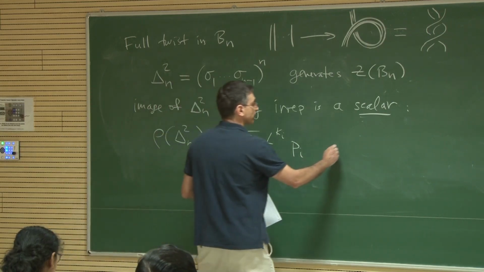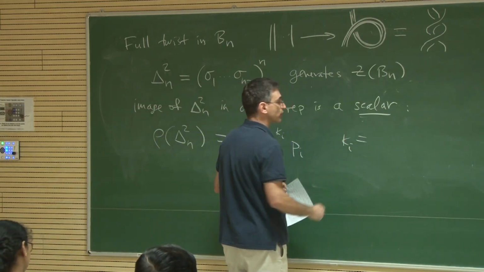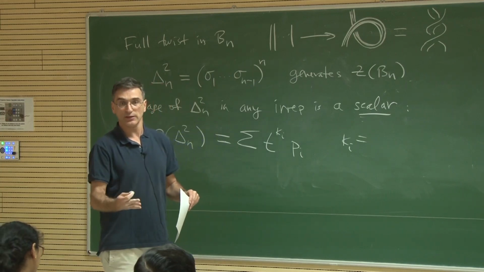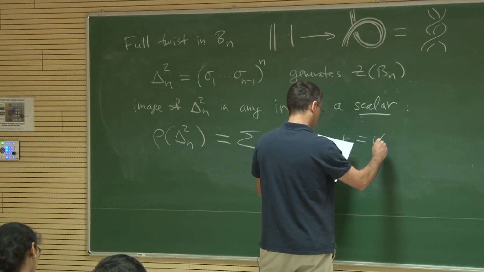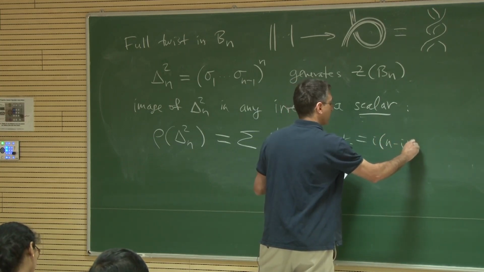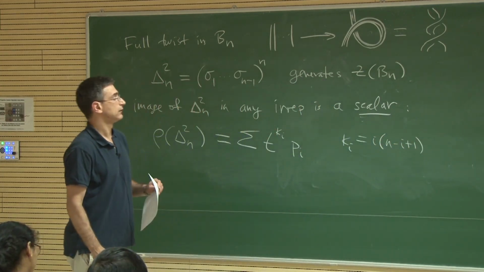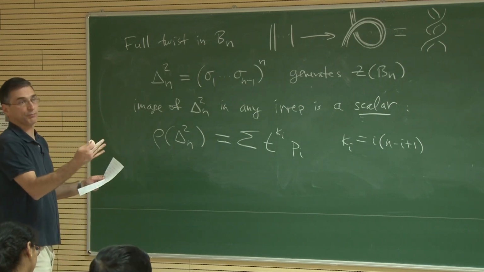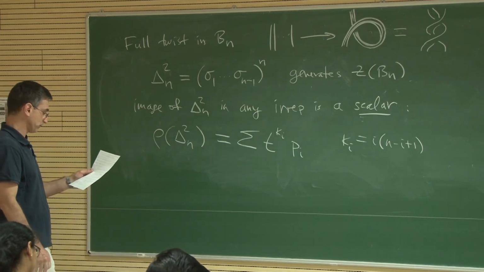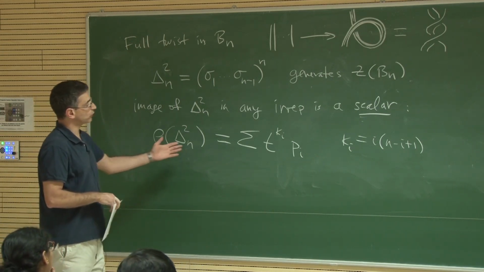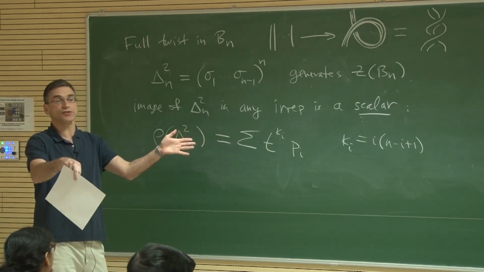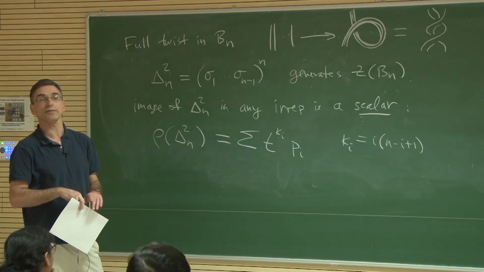In fact, the ki is easy to figure out. Jones computes this in his paper on the Jones polynomial, and it's simply i times n minus i plus 1. It's not very complicated. I don't care, but I'm pointing it out to you. This is not that hard, okay? Now here's a consequence. So this is really interesting, that the full twist can be decomposed into scalars times these orthogonal idempotents.